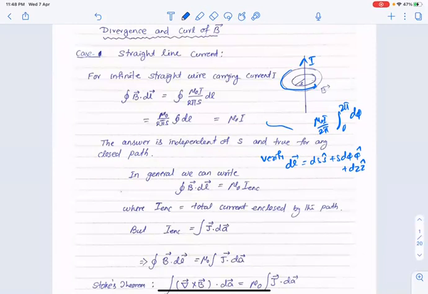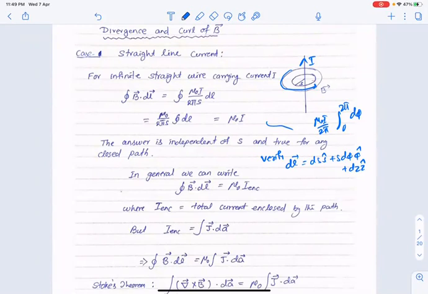So what it tells you is that if you have a loop that encloses some current I, then B dot dl will in general give you mu 0 times whatever current it encloses. Say you have two wires carrying currents I1 and I2. If you are encircling both the wires, you will have the total current enclosed. But if the wire is outside the loop, then this d phi integration will yield 0, because the loop does not enclose it.